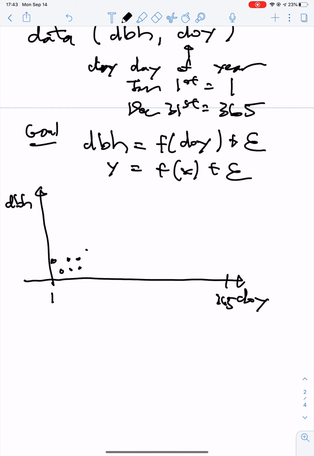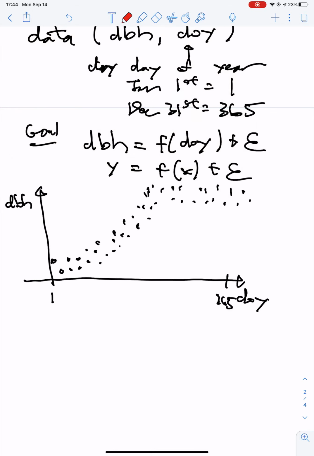You often have behavior that looks like this, meaning it looks a little flat with a little bit of error in the beginning. The growth increases, but then flattens out like that.